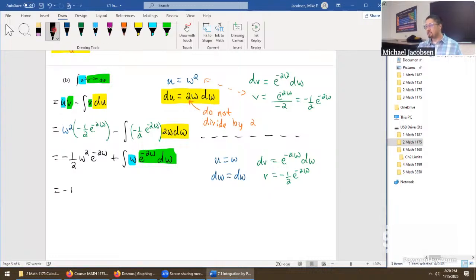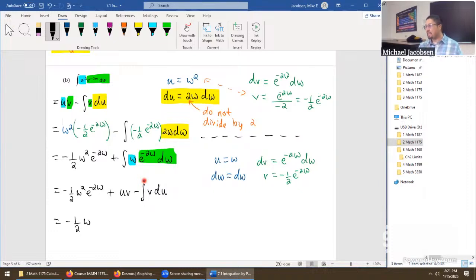So we've got, this is a lot of copying, negative 1/2 w squared e negative 2w. Well, that's not too bad. Plus, let's do the whole uv minus the integral of v du again, just so we have a structure to help us out. So plus uv minus the integral v du.